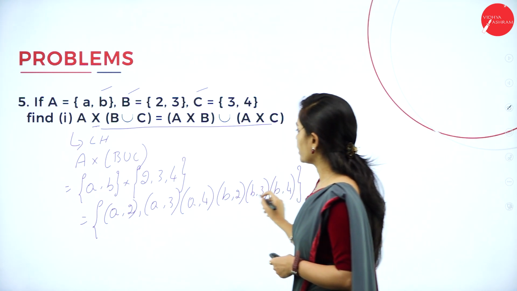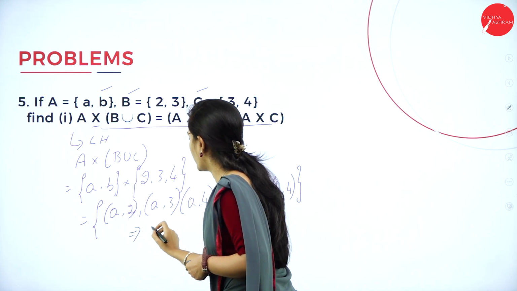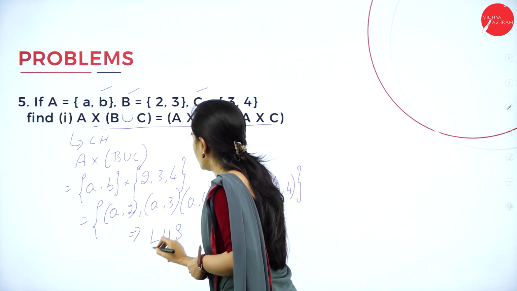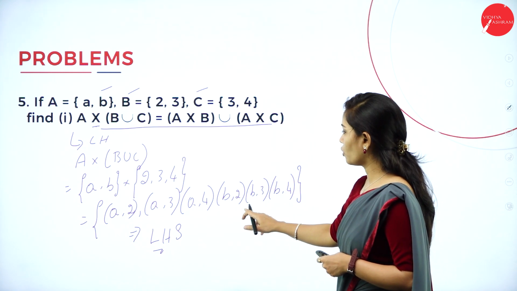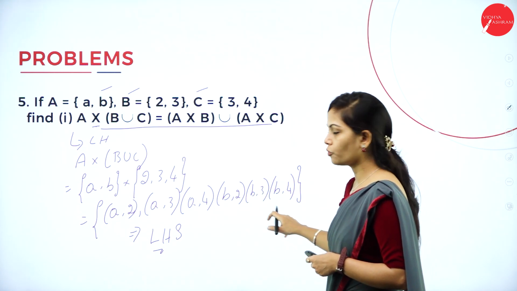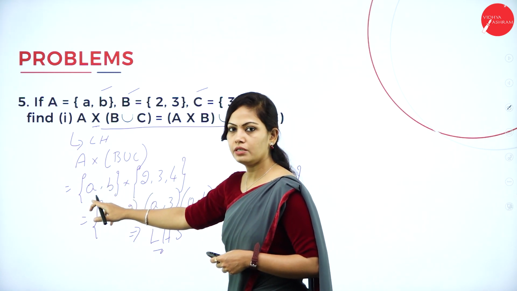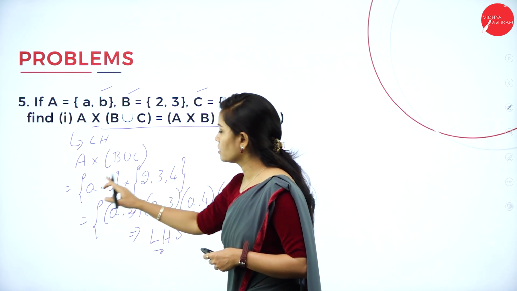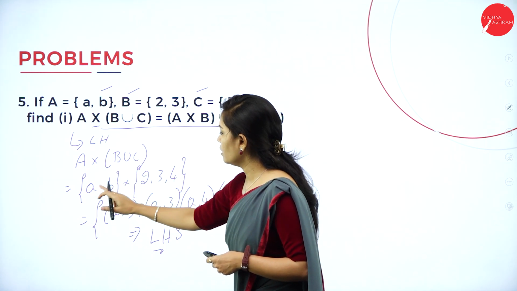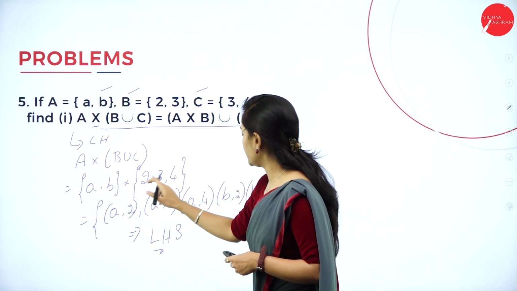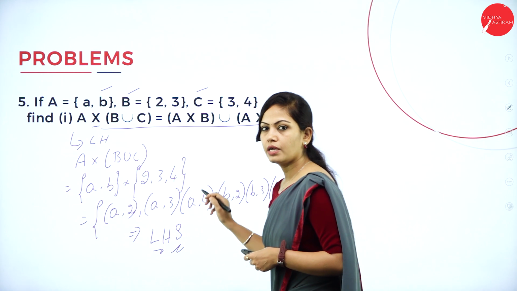So here I got the LHS value. LHS is (a,2), (a,3), (a,4), (b,2), (b,3), (b,4). I have two set elements here and three set elements there; you just compare the elements with the second set. So this is my LHS value.